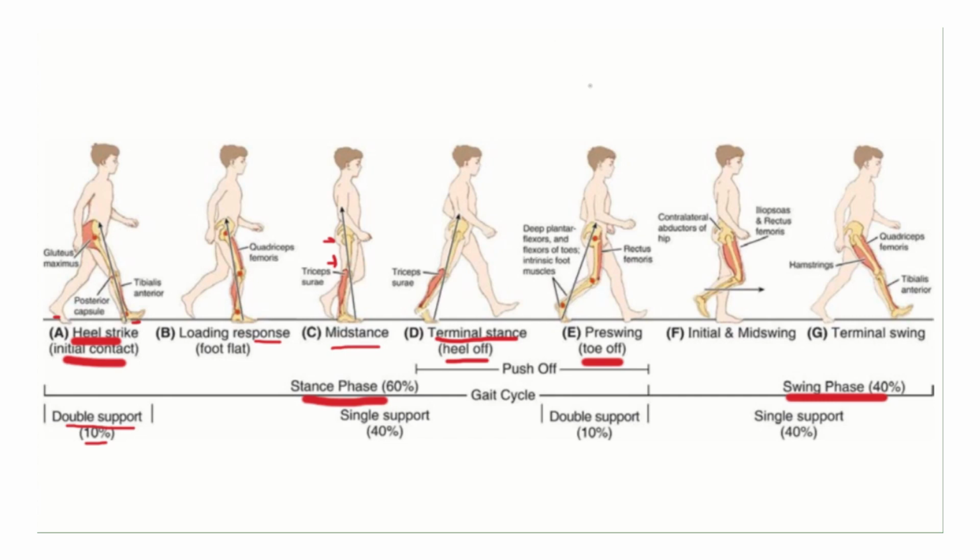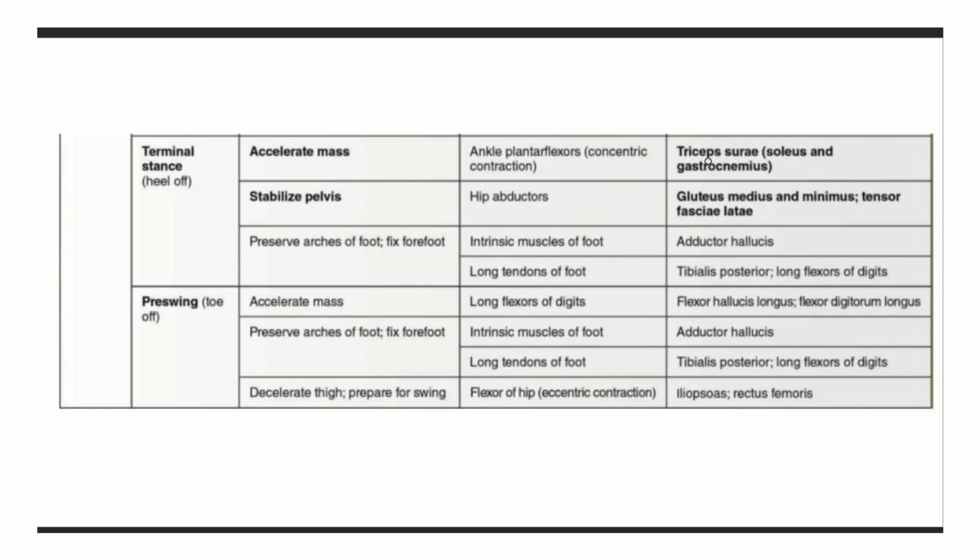But additionally, the main focus will be on the triceps surae and gastrocnemius, because they will be helping in the liftoff by accelerating the mass and making a mechanical position to help the heel come off the ground. All other muscles like gluteus medius, minimus, and intrinsic muscles of the foot like adductor hallucis and tibialis posterior will be working together here as before.